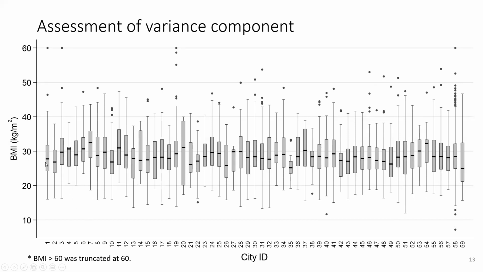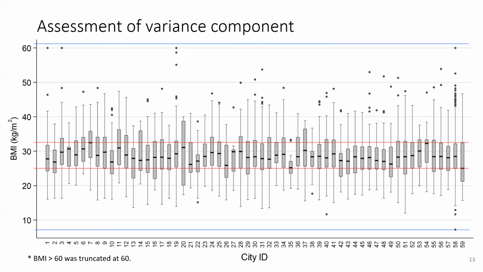And so we want to know how much these medians fluctuate to assess between city variance. And I added lines which show the minimum and maximum median as a proxy to see variability between cities. And likewise, I superimposed the minimum and maximum value of BMI, which indicates the variability within cities.